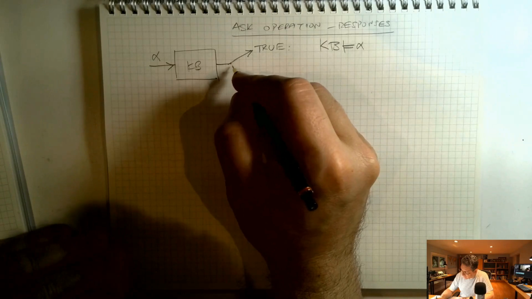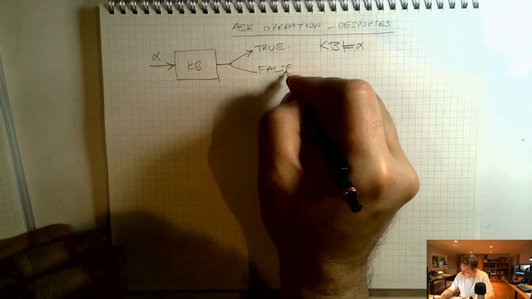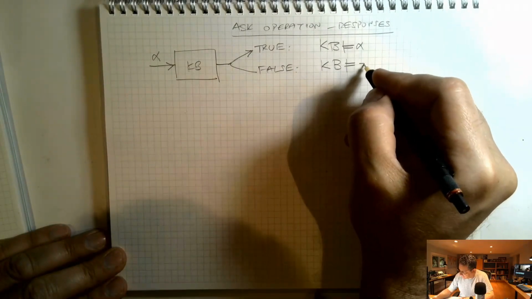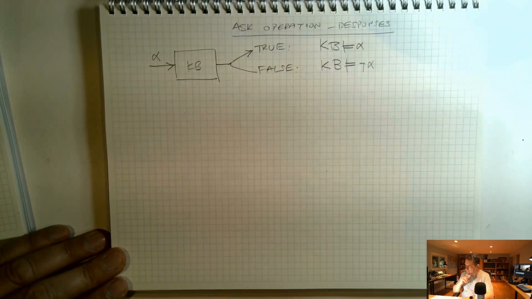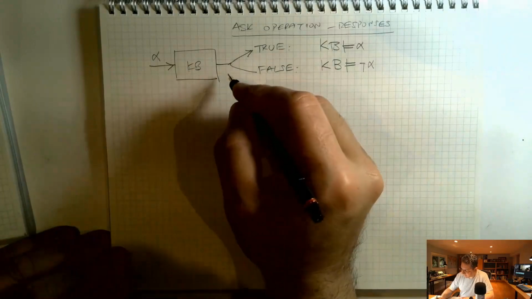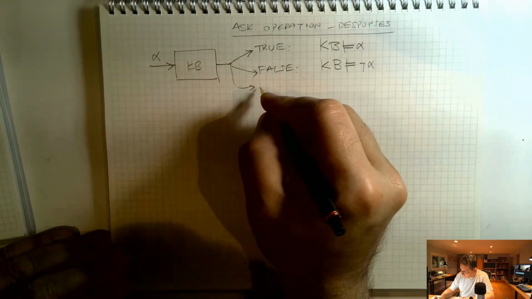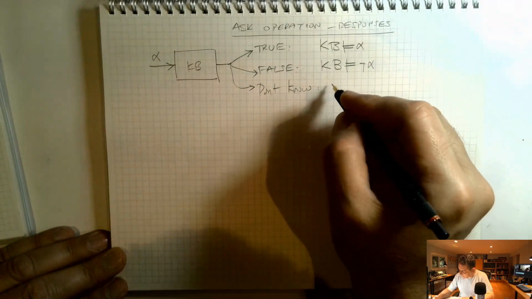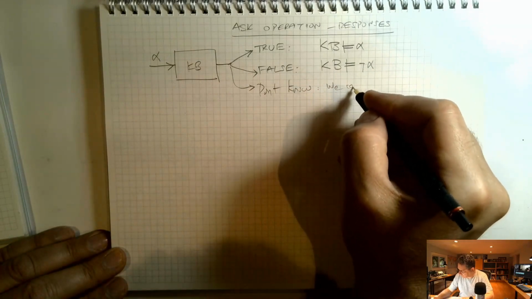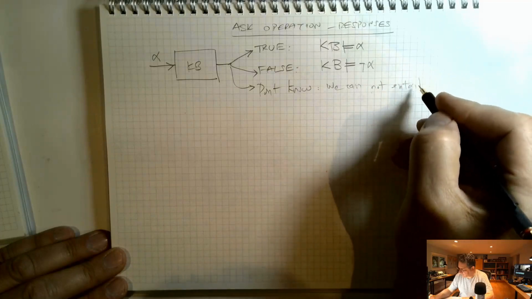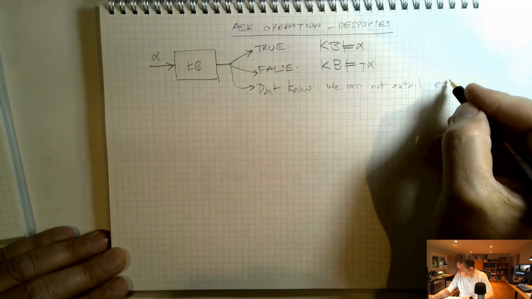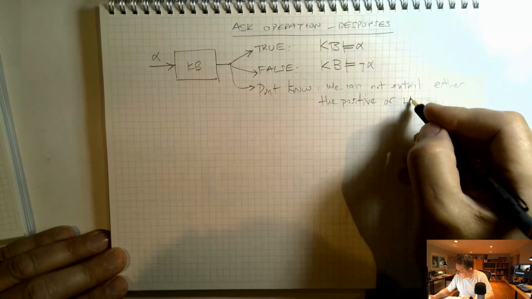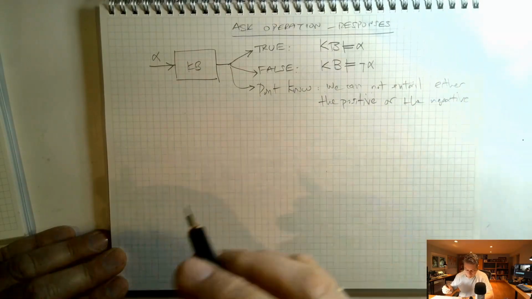We will respond with false every time we are able to entail the negation of A. And then finally, we can respond that I do not know, which means that we cannot entail either the positive or the negative of the sentence.